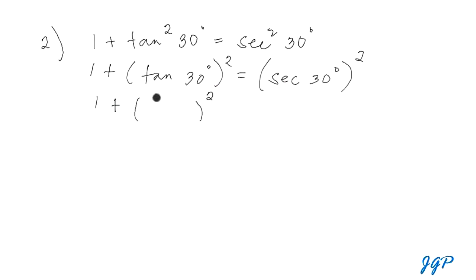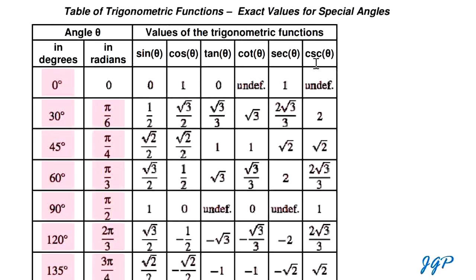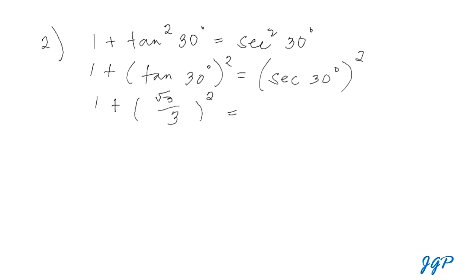So, we have square root of 3 over 3 is equal to, ang secant 30 naman natin ay, our secant 30 degrees is 2 square root of 3 over 3. So, we have 2 square root of 3 over 3 and then squared natin. So, let's simplify. So, 1 plus, so, ito ang exponent natin, di ba?